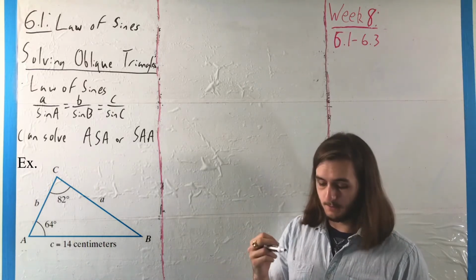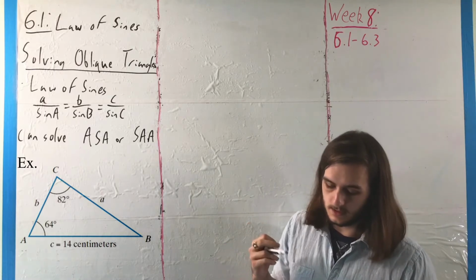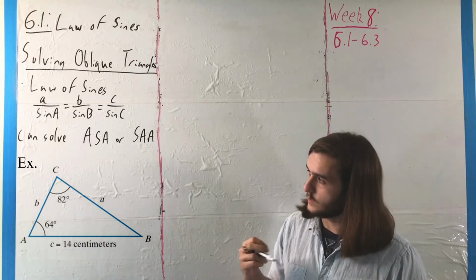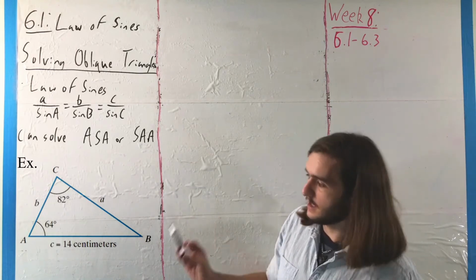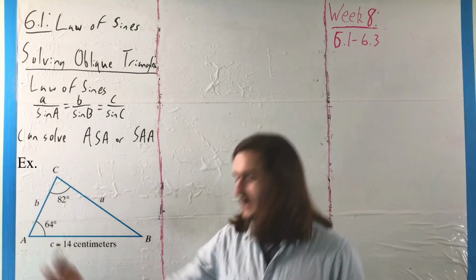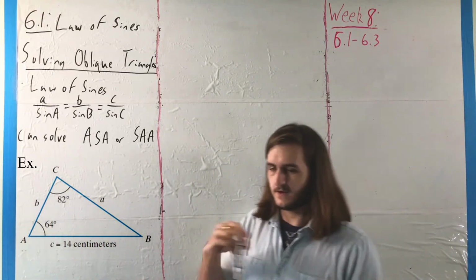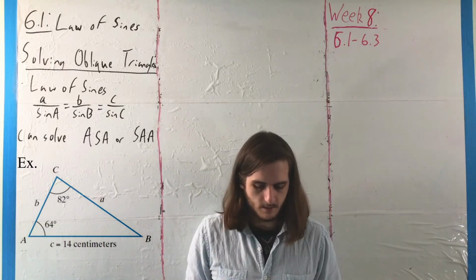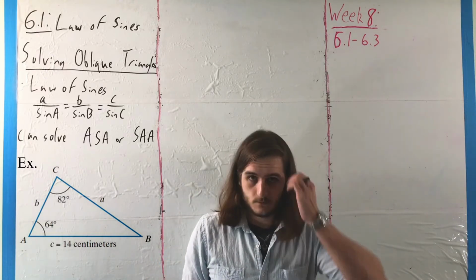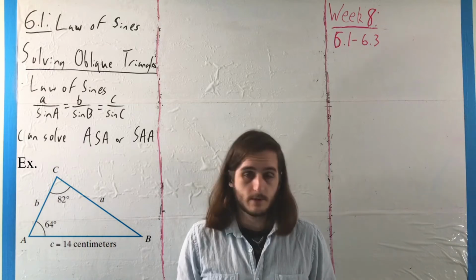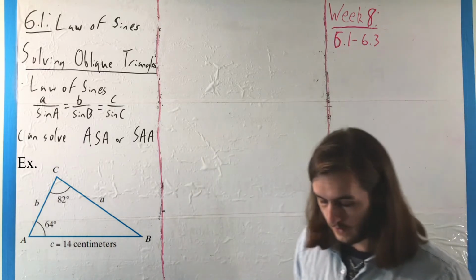That 82 degrees is opposite, that 64 degrees is adjacent. So we can think of this as a side, angle, angle, as it were, sort of coming around almost. But here we have that amount of information. We want to get the rest of our information.